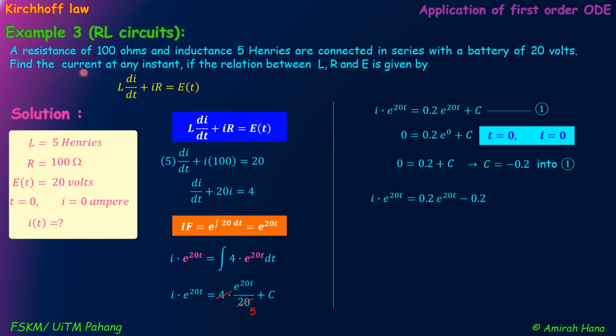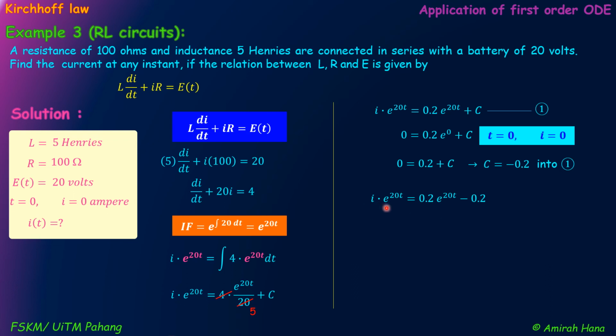To find the current at any instant, we need to write I as the subject, okay? So to write I as the subject, we need to move the multiplication of e to the power of 20t to the right hand side.